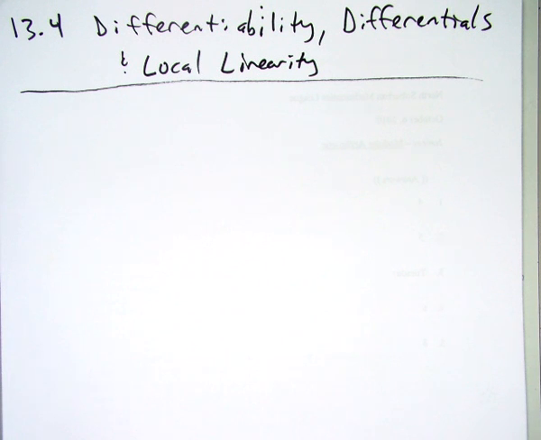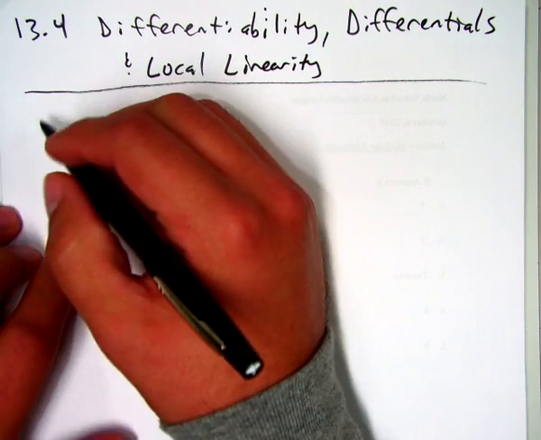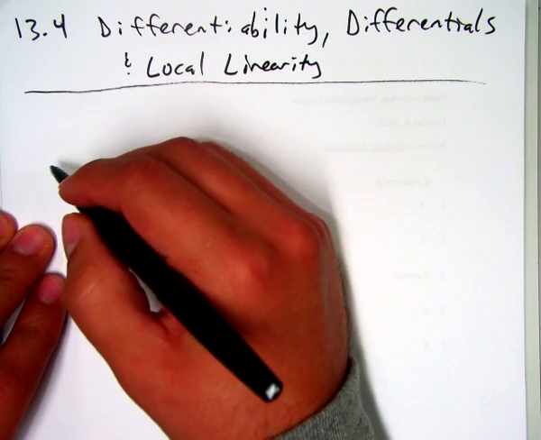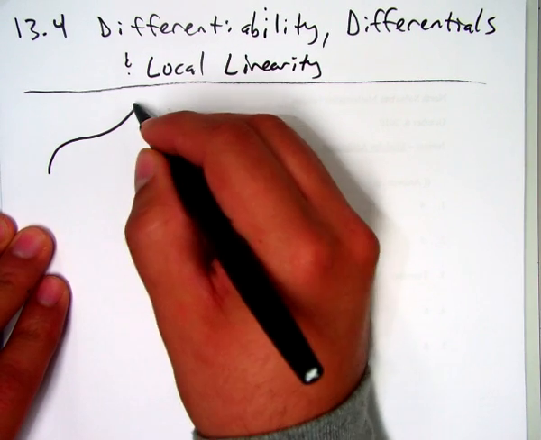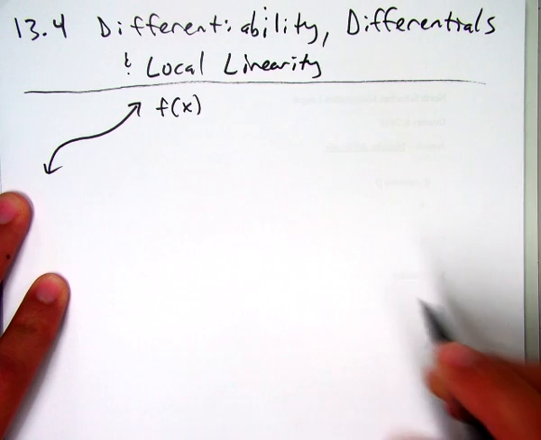But, to get through, we'll compare what's new to what you already know from last year, and hopefully it makes some sense. So let's start by recalling a situation, such as this one. Here's a one-variable function called f of x.